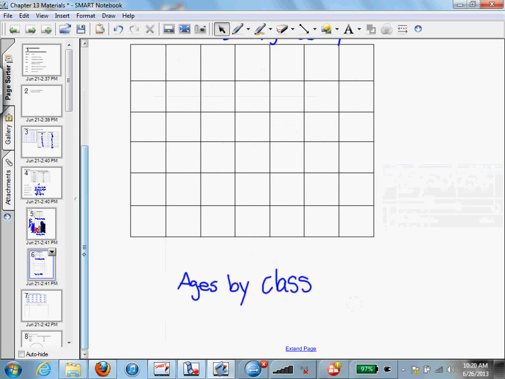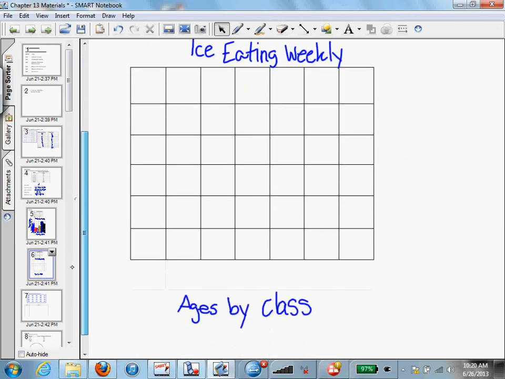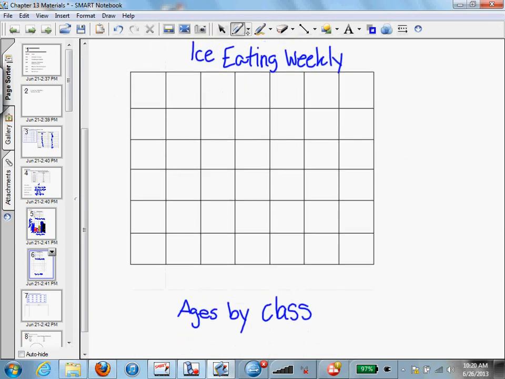Okay, and for this, on the vertical side, let's do the times per week eating ice cream.